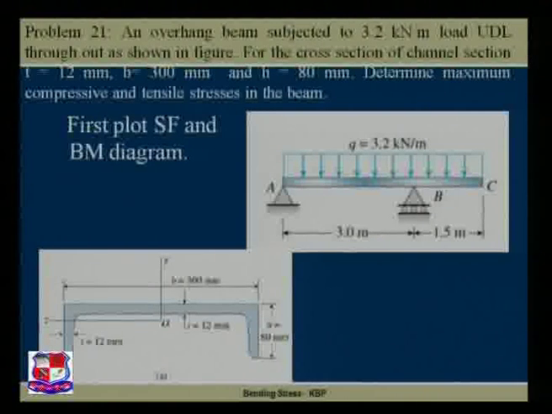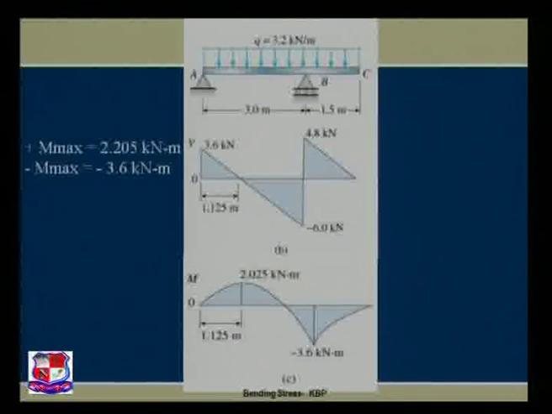Now, to determine these maximum compressive and tensile stresses in this beam, step number 1 is that I have to plot the shear force and the bending moment diagram. Okay, now let us do it. I assume at this level that you can do it by yourself, and we achieve this shear force diagram and this bending moment diagram.